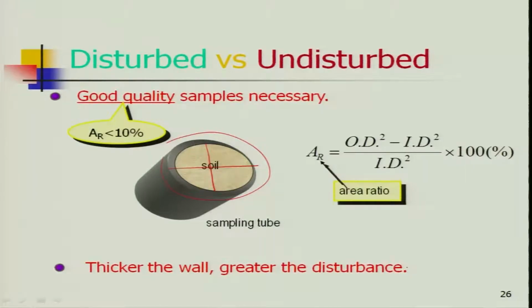So, in geotechnical engineering, if you say area ratio is less than 10%, then we can say a good quality sample has been collected, that means your undisturbed sample has been collected. Thicker the wall, greater the disturbance. With thicker walls, your sample will get disturbed.